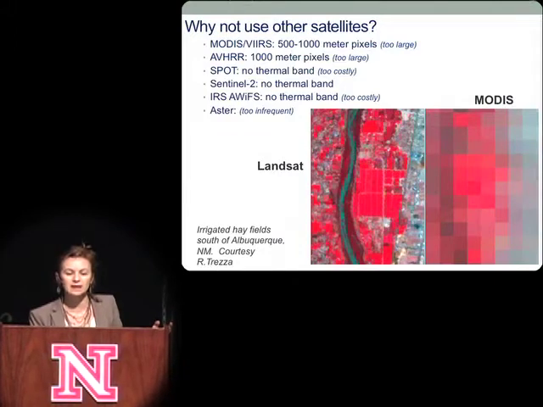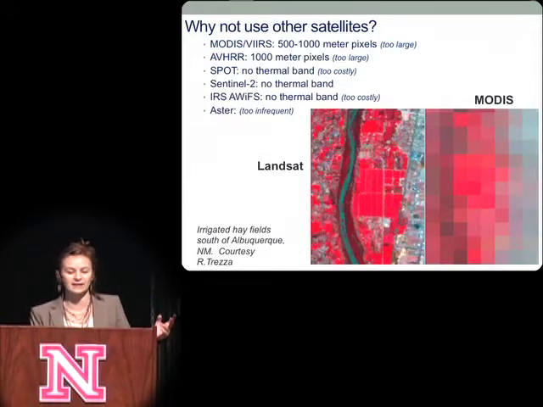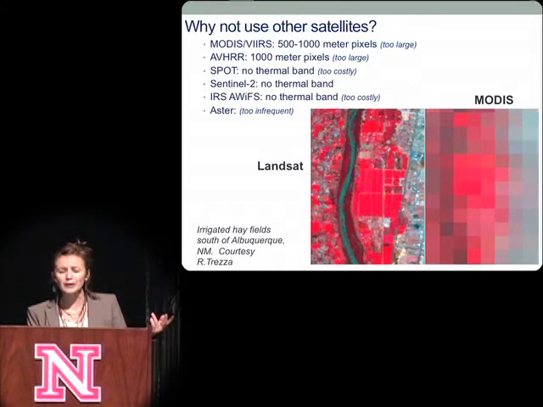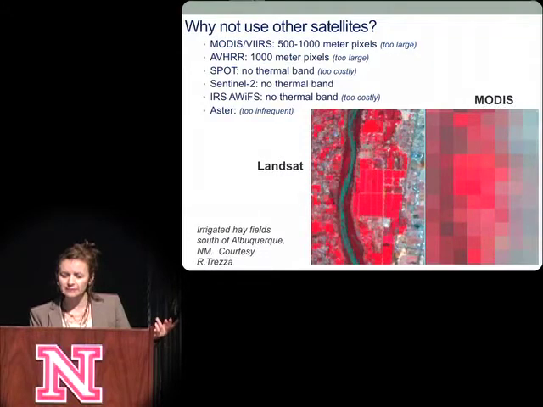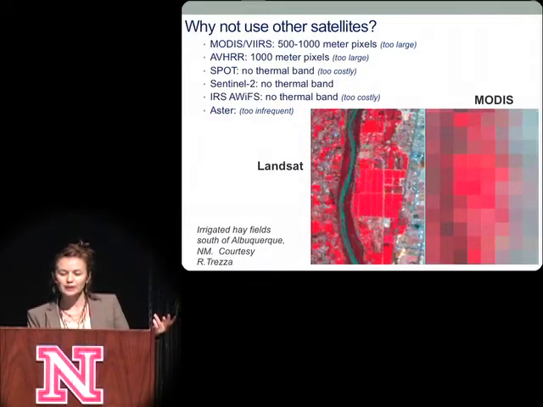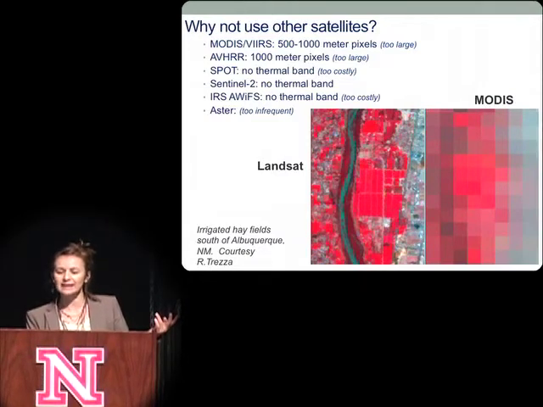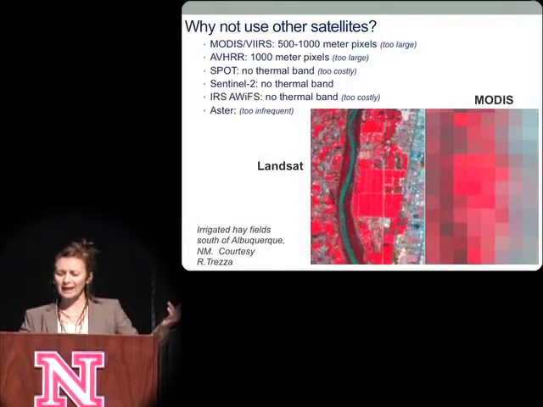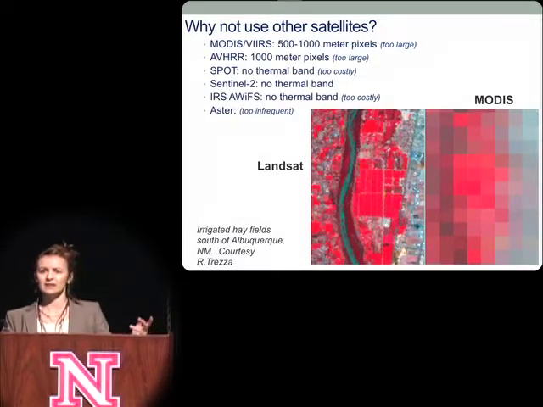For instance, when you look at this color composite for Albuquerque, New Mexico, you can see the individual fields, you can see the buildings, you can see the Rio Grande, and you can see the native species along the river. And let's look at the right image, the MODIS. There's no way you can discriminate this.